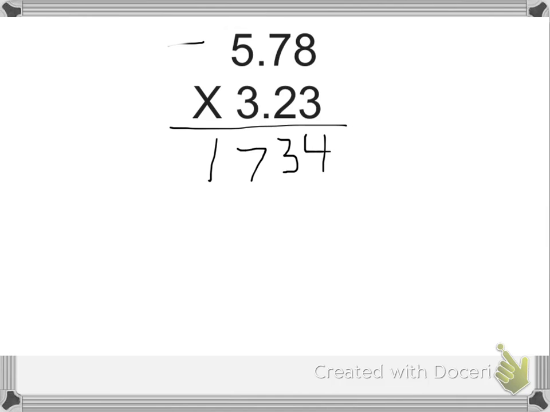And then you erase the top two numbers and just start over. And then you add a 0, and then you multiply the 2 times 8, so you get 16, and then carry the 1 up here.